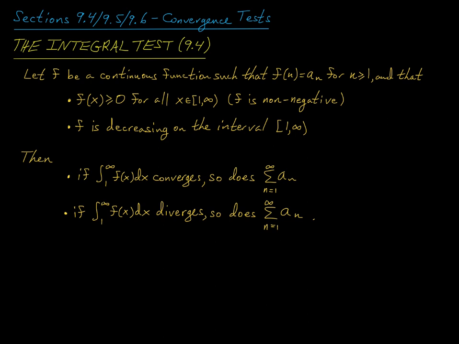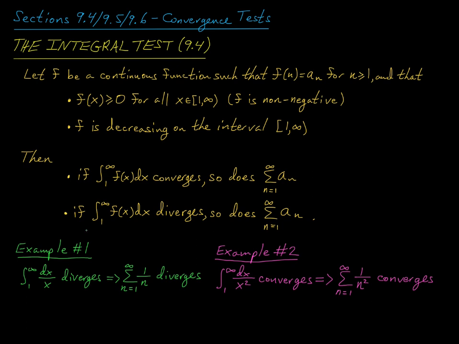To illustrate with these two examples, in example 1, we saw that this improper integral diverges, and then through that argument using inequalities, we were able to show that the associated series of 1 over n diverges. Now in the second example, the improper integral converged, so again, we were able to use some inequalities to argue why the associated series converges.